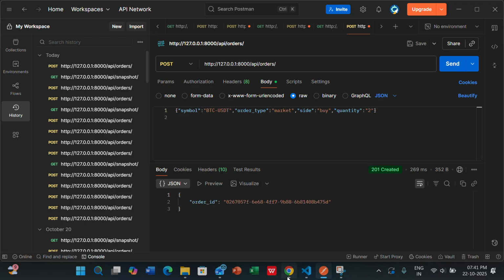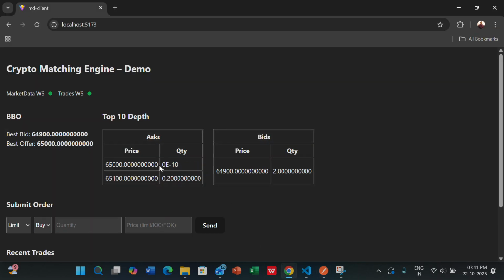As you can see, I have consumed all of the 65,000, and I have consumed some of, 0.2 of the 65,100. So it cannot skip the better price. Here you will see the first at 65,000 remaining 0.7, then continuing at 65,100 for the rest.